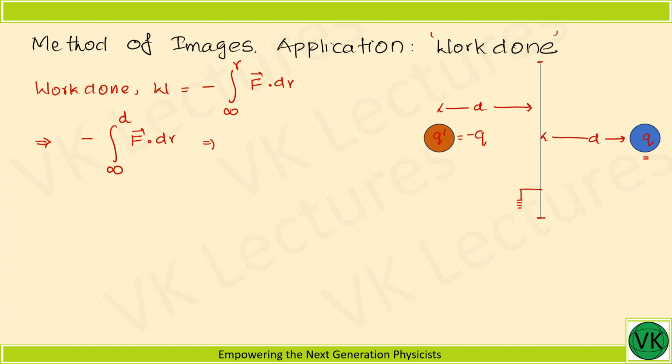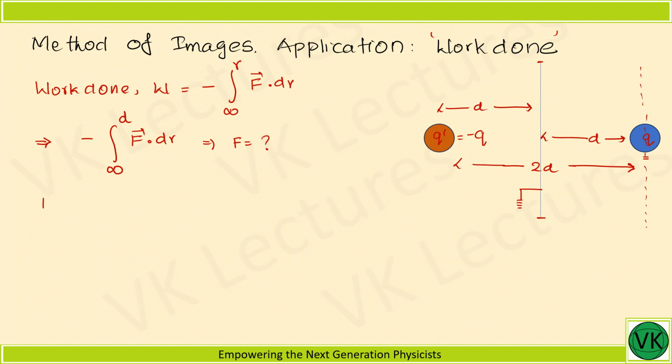Now we need to calculate the work done. Before that we need to find the force on q. To understand the force on q, it's simple. Here is the charge q where we have to find the force. Here we have minus q, and the distance of separation from minus q to q is 2d.